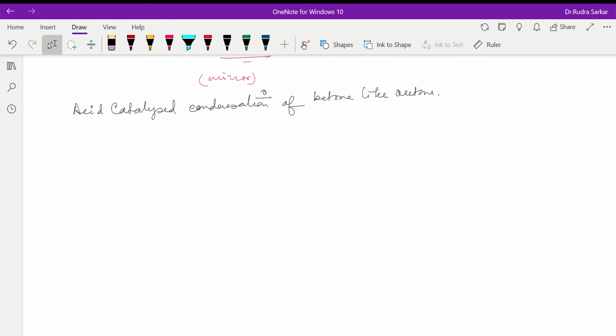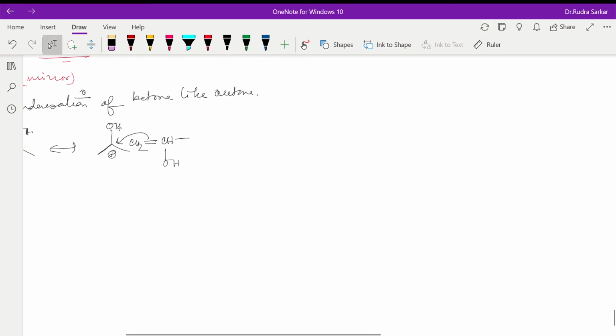Okay, so similarly we have an O, there's a proton which gets protonated, which can be now represented something like this. Attack from the enol can take place, which will lead to the formation of something like that.